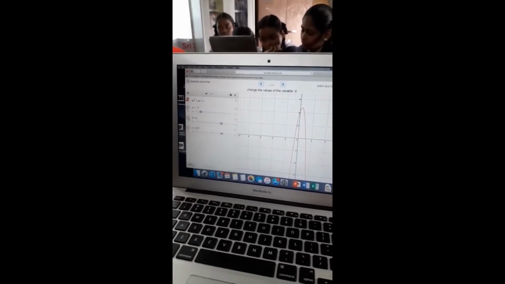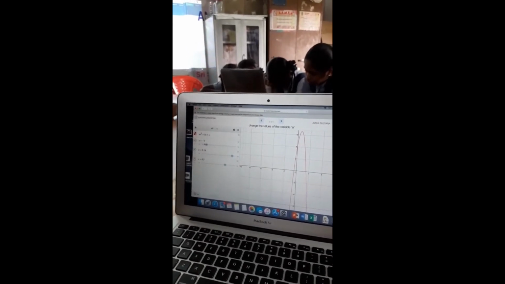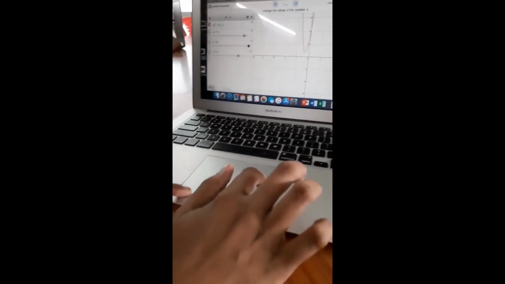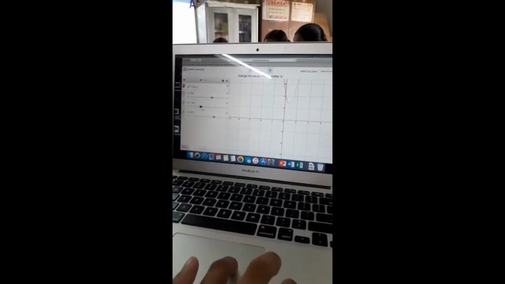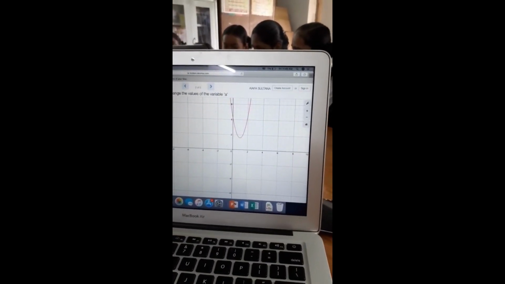Now we are changing the value of b. When we are changing the value of b, the parabola opens upward of the x-axis, and when the value of b is negative, then the parabola is in the first and fourth quadrant.